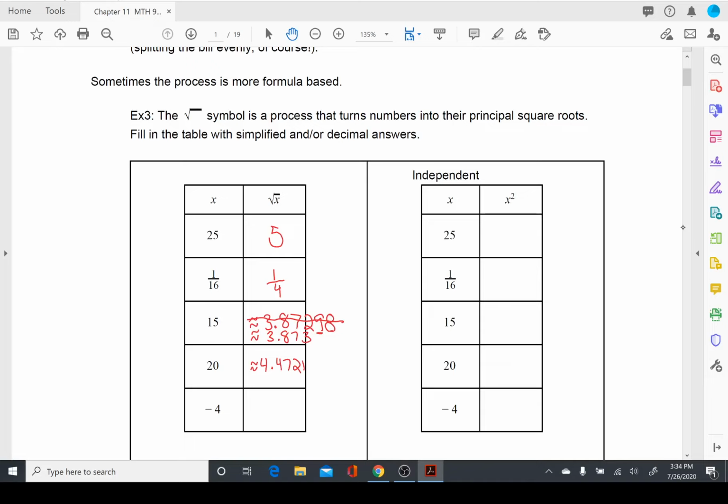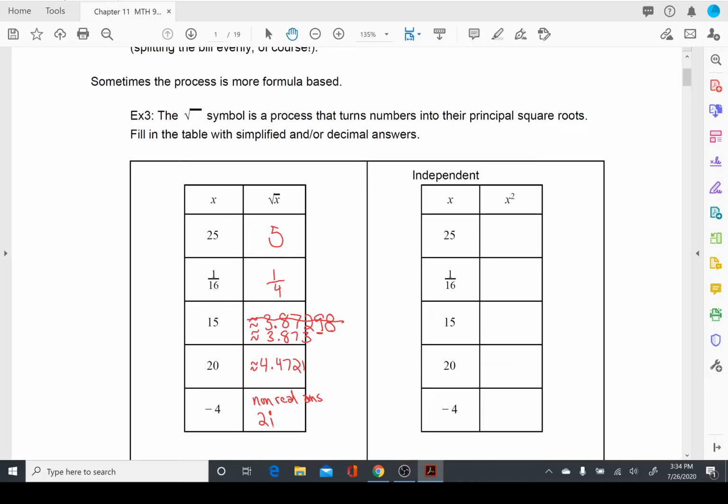So you can either say non-real answer, and later on, when we talk about imaginary numbers, or in a later class, you will be able to say it's 2i, I for imaginary, but don't let that scare you. You can just say non-real answer for us today.